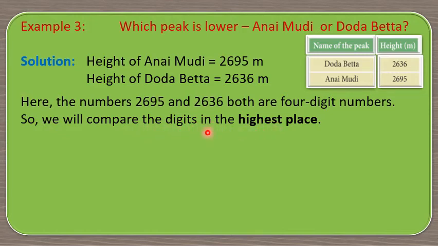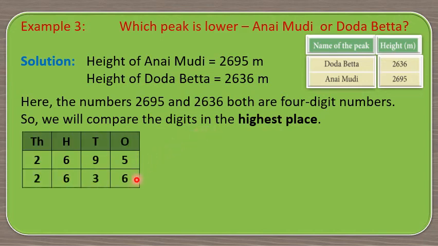For that we need to write these numbers in a table like this by writing the place names in the first row, and after writing the given numbers in this format, we will compare the digits in the highest place. That is, the highest place here is thousands place because both numbers are 4-digit numbers.